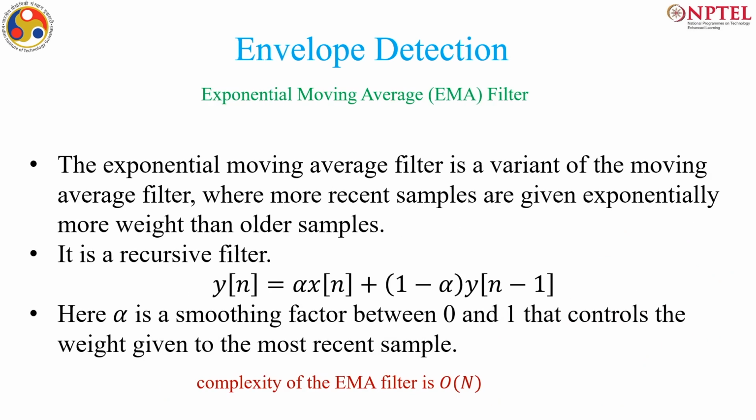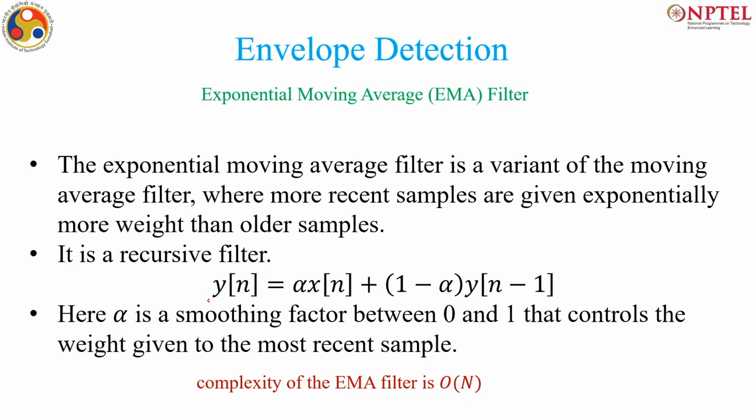Another important filter is the exponential moving average filter, and this is typically implemented in a recursive manner. It is also an IIR structure where my output is dependent on some fraction alpha of the present input and some fraction 1 minus alpha of the just immediate past output.